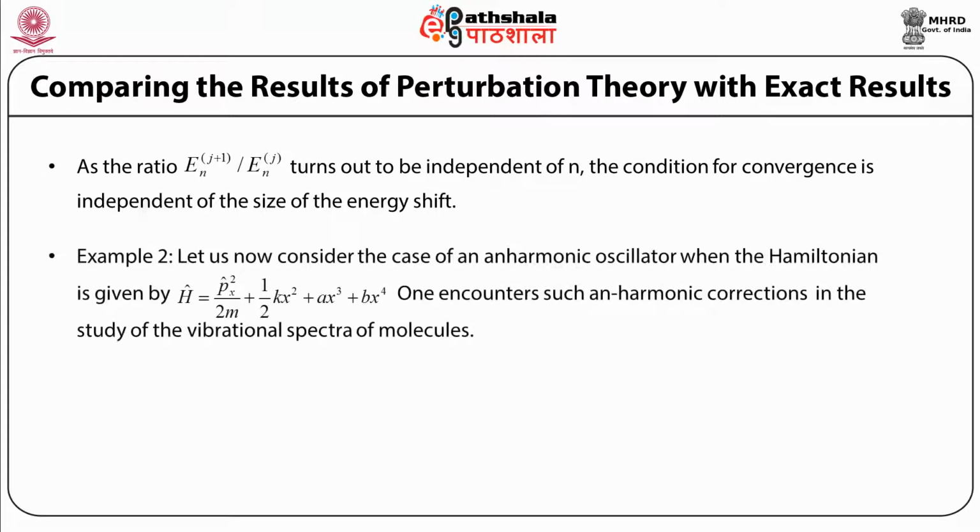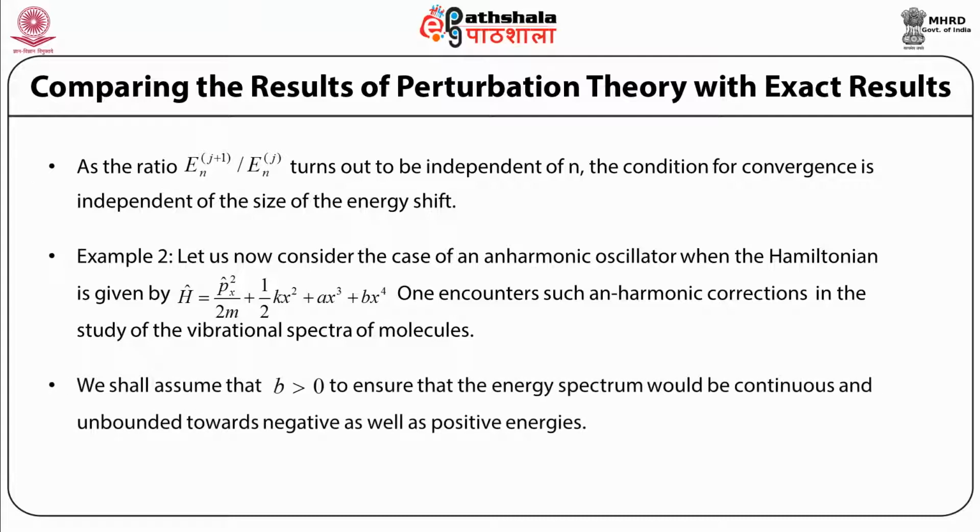Example 2. Let us now consider the case of an anharmonic oscillator when the Hamiltonian is given by H operator equal to px square by 2m plus half k x square plus a x cube plus b x to the power 4. One encounters such anharmonic corrections in the study of vibrational spectra of molecules.